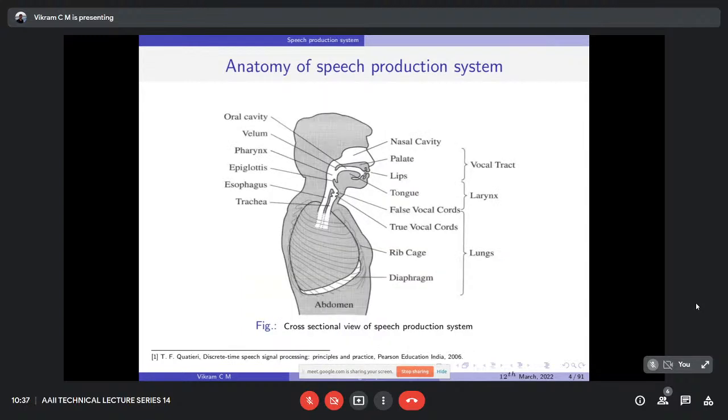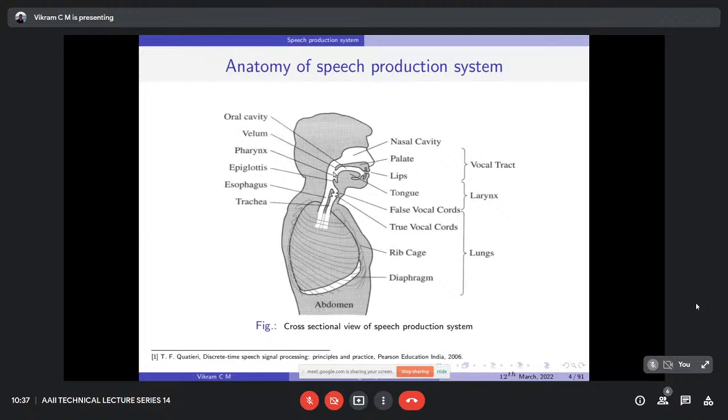Coming to the production of speech, we all know that speech is produced from the vibrating vocal folds. For the vocal folds, the source of energy is delivered from the lungs. The vibrating vocal folds convert the air into periodic puffs of acoustic energy.